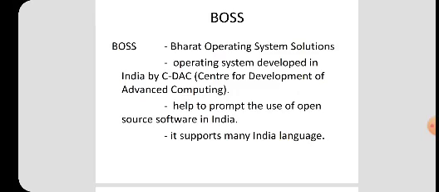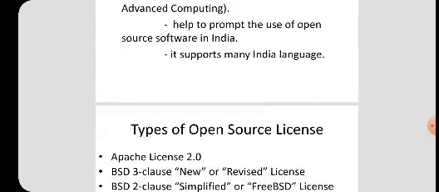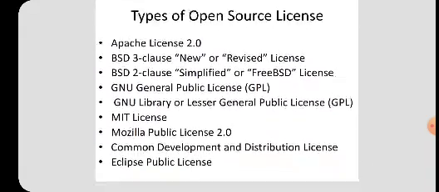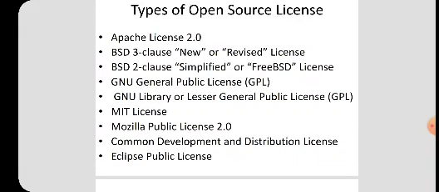The next topic is types of open source license. Many open source licenses are there. Some types are here. It is a very important long answer. First one, Apache License 2.0. Second one, BSD 3 clause new or revised license.